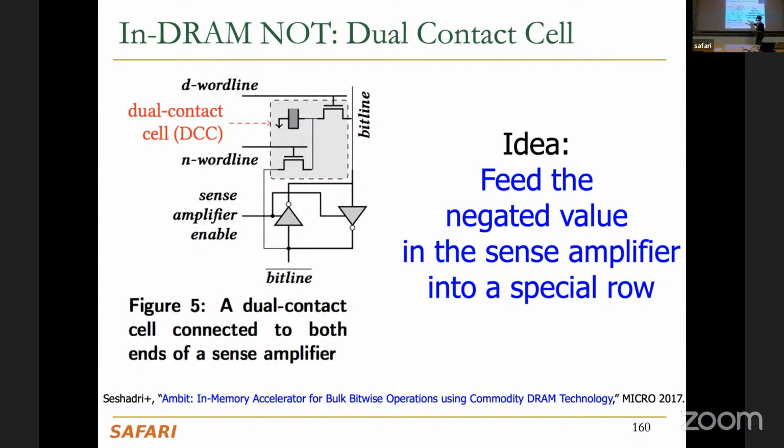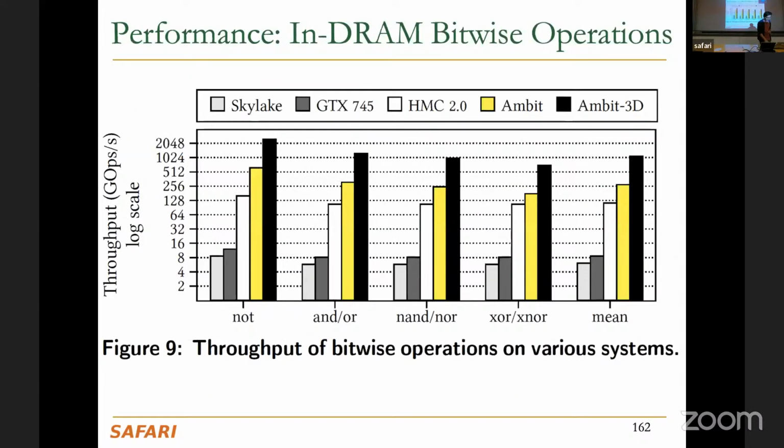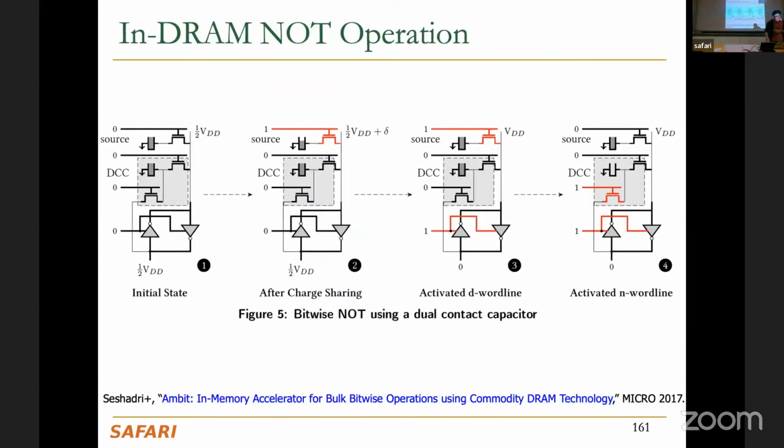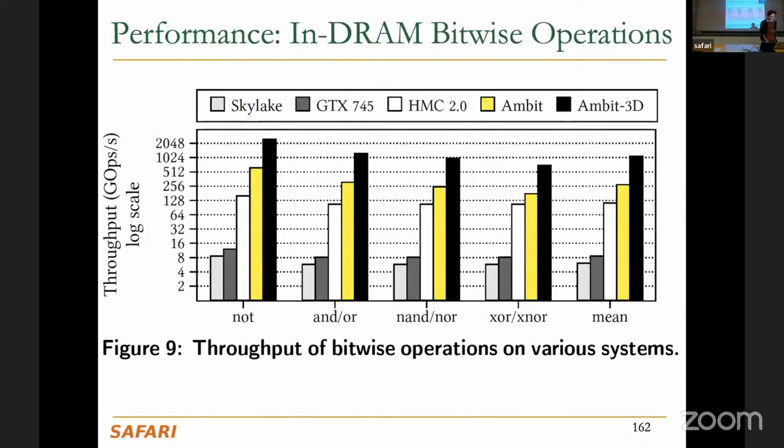As you see, they are dual contact because they have two word lines. One of the access transistors is connected to the bit line bar in the sense amplifier, and this way you can read the inverted value. That's the basic idea. There could also be other ways of implementing NOT, and here you see more or less the step-by-step execution of the NOT operation.